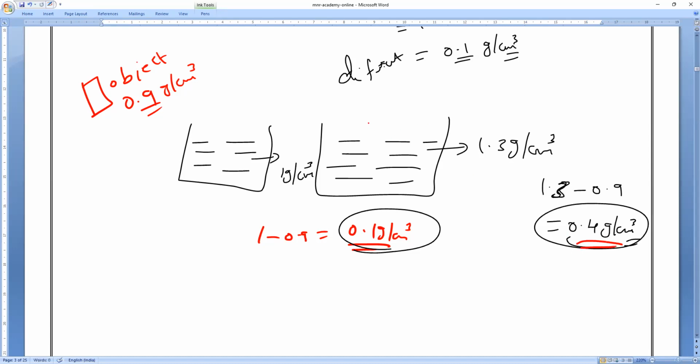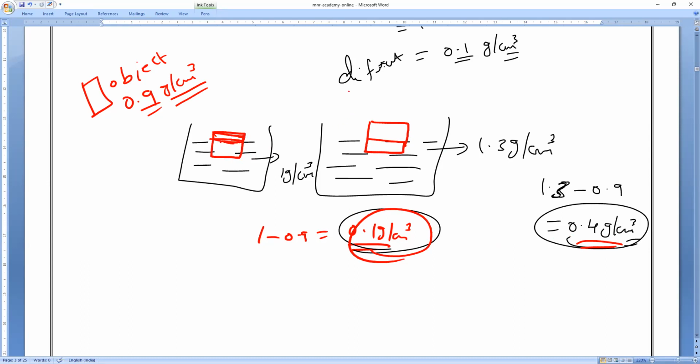So here, in water, the immersed portion is high compared to the second one, because in glycerin only a very small portion sinks. Where the density difference is less, most of the body is sinking and only a very small portion is visible outside. That is what you have to understand.